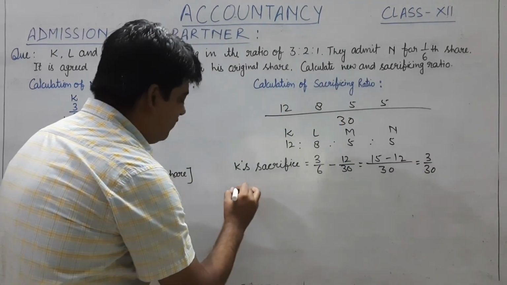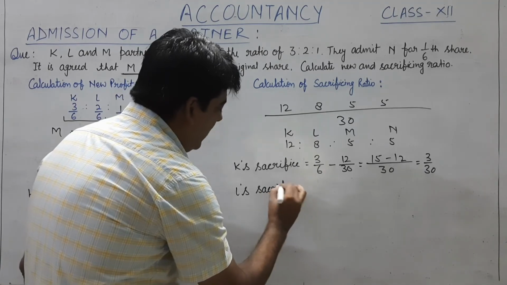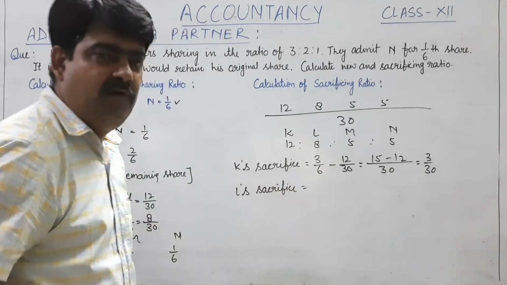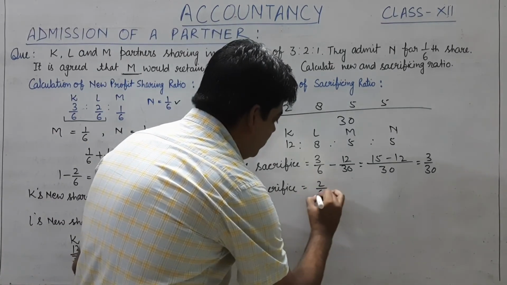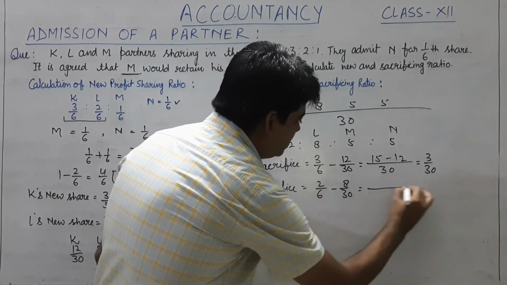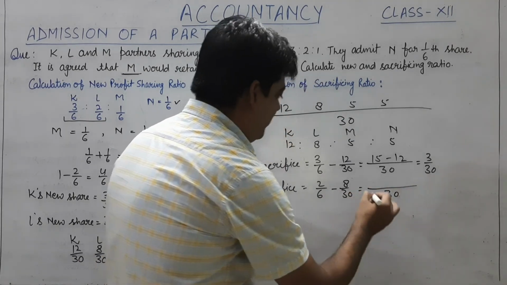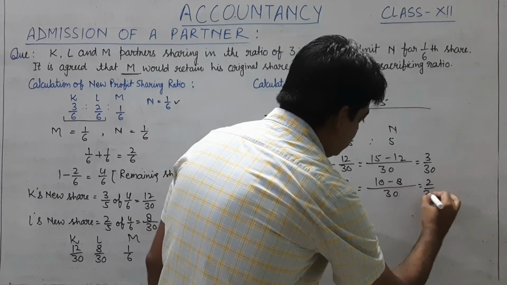And now we will calculate L's sacrifice. Again the same formula will be applicable, that is old minus new. 2/6 minus 8/30. LCM will be 30. 6 5s are 30, 5 2s are 10, minus 8, that is 2/30.